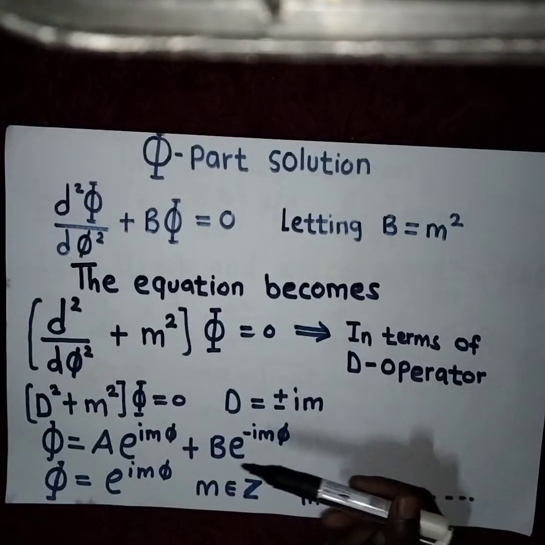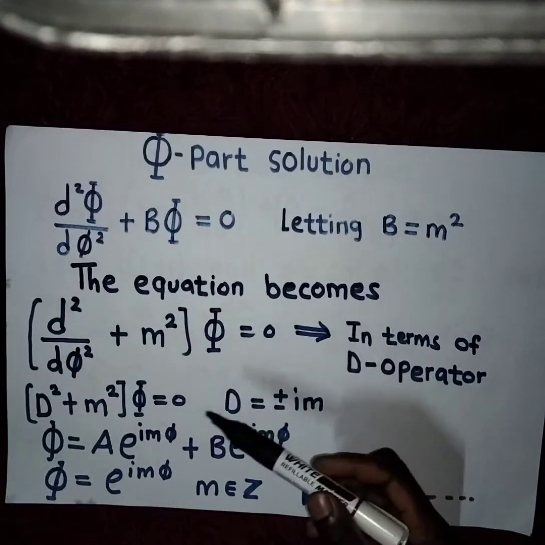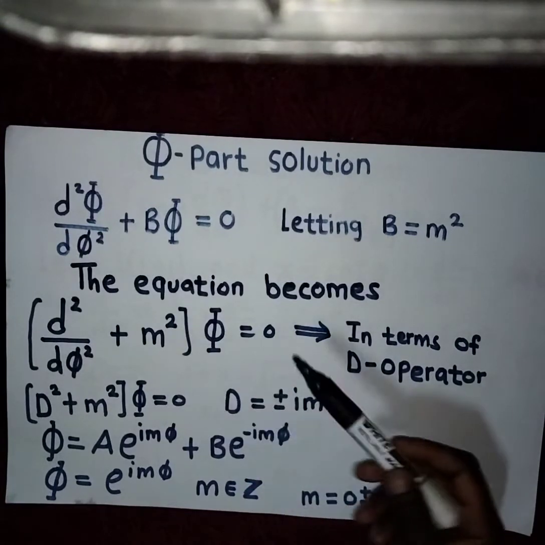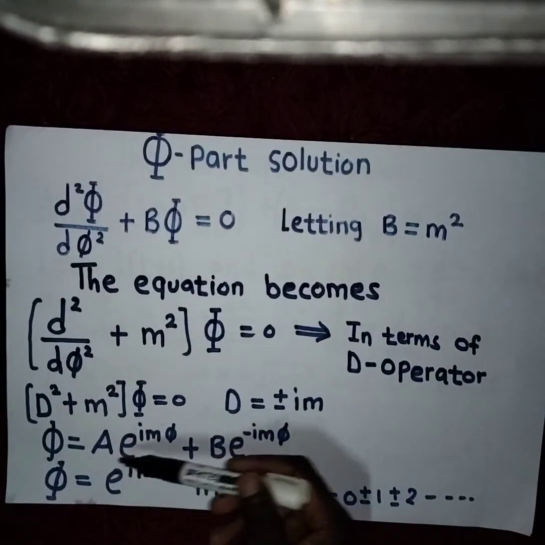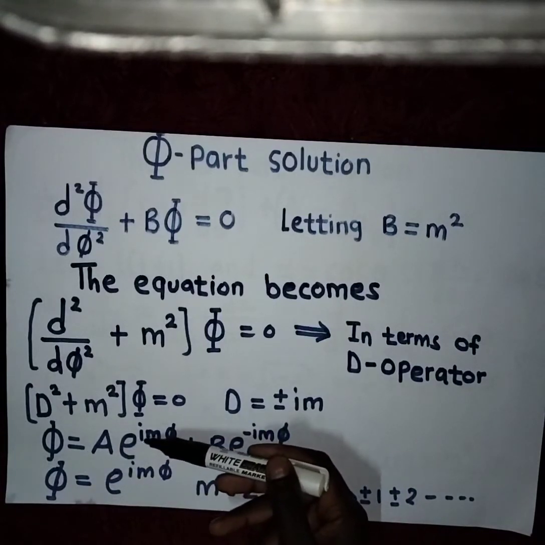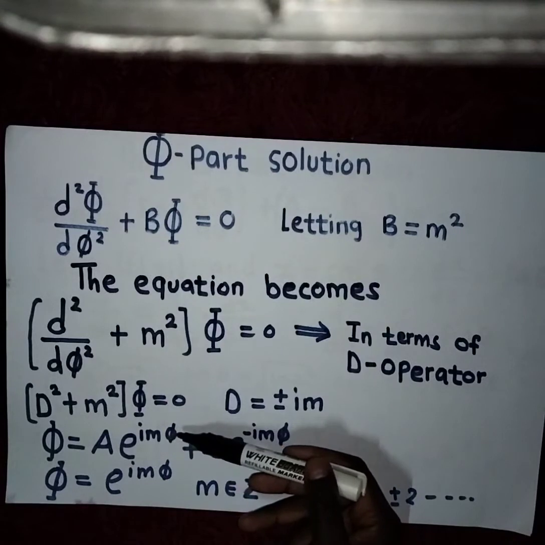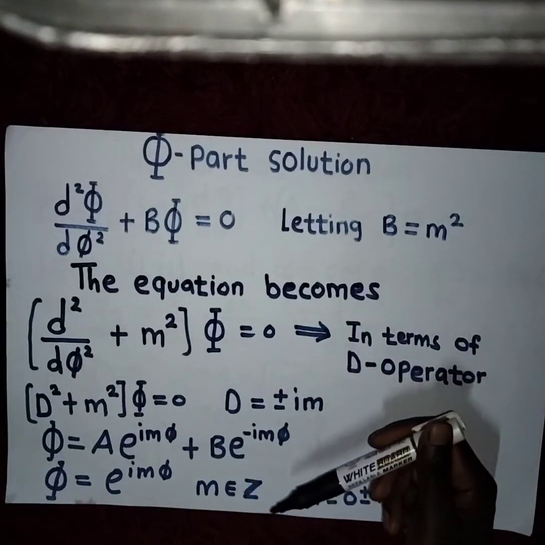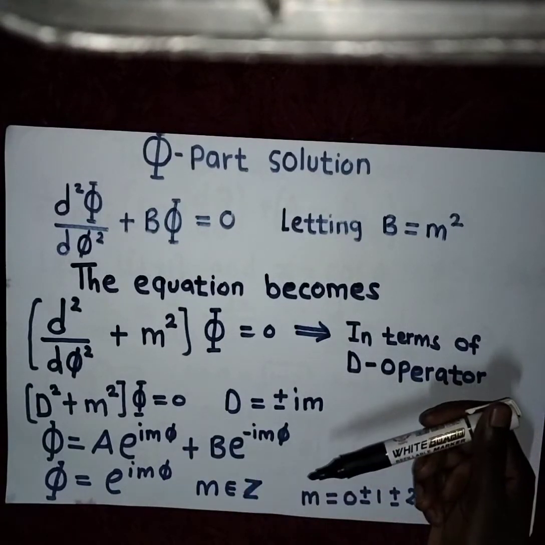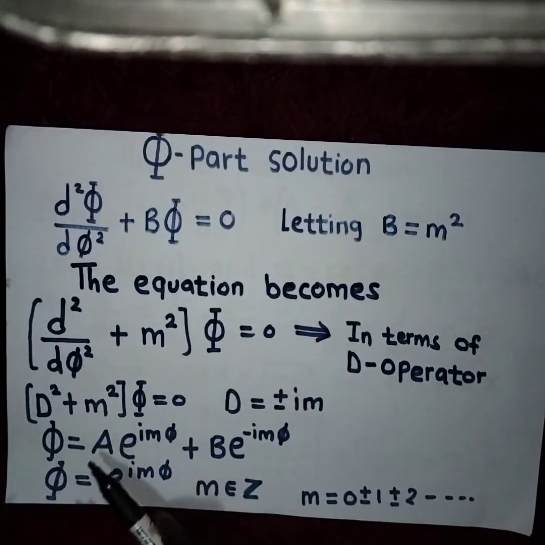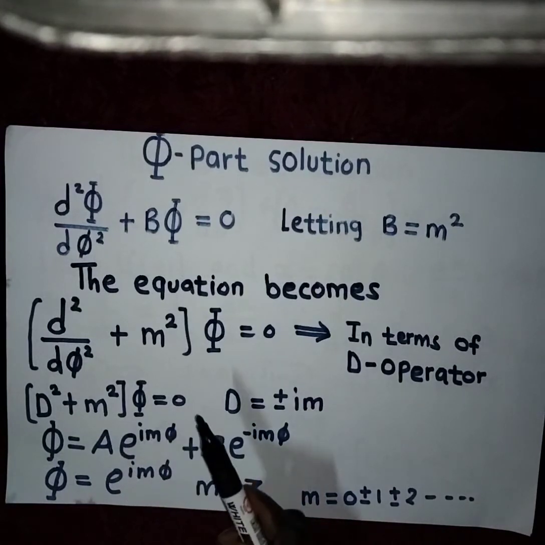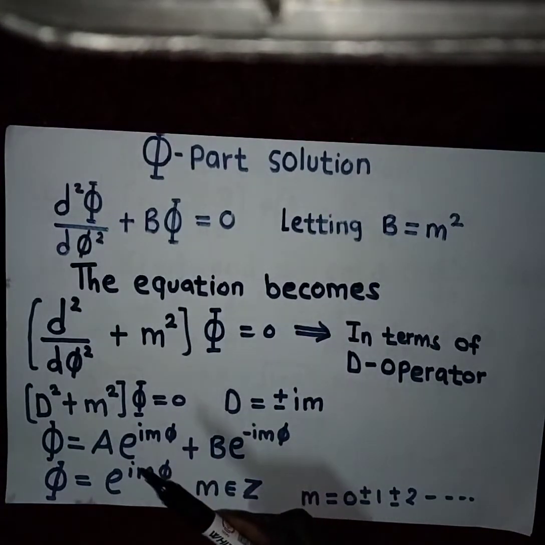But allowing m to take both positive and negative values, I'm going to have phi is equal to A exponential im phi. In that case, m is now positive and negative values. But also allowing this constant of integration, this A, to be taken by the theta part. Remember, I'm going to solve the theta part.